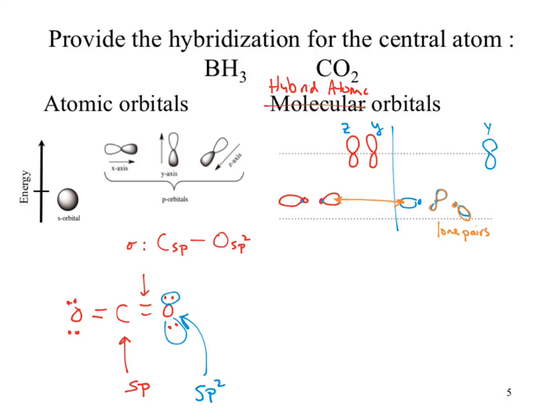I should probably not use a marker on the iPad. And we've got our carbon p orbital and our oxygen p orbital. With those in the same phase, the electrons, dang it, I need to give more space. The electrons can now jump back and forth.